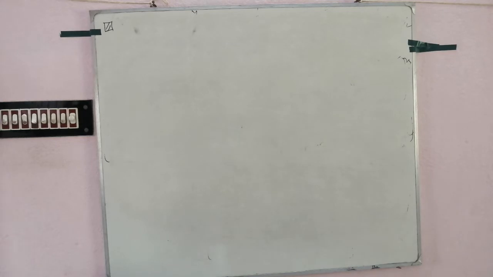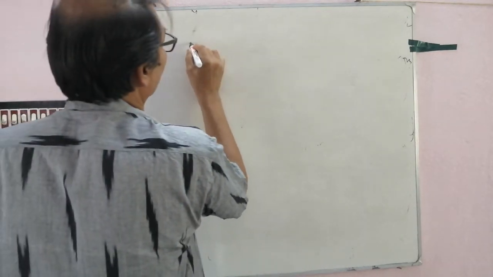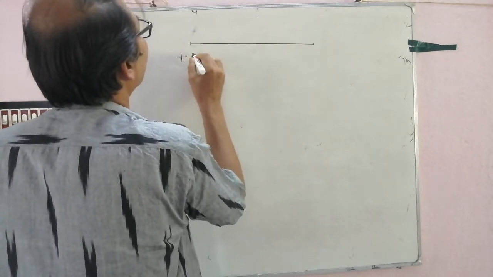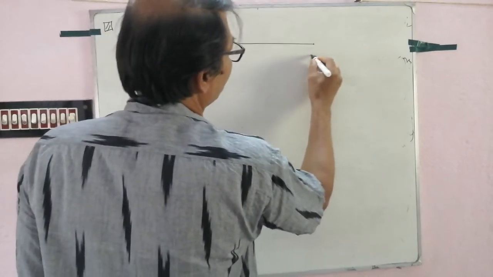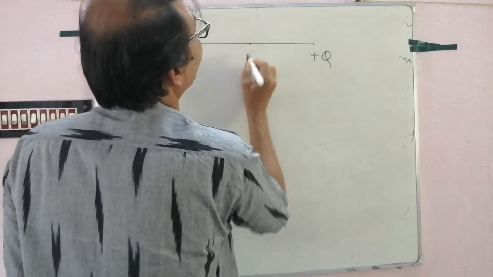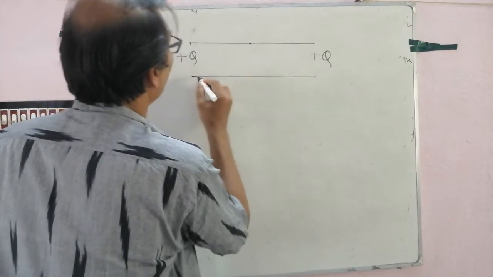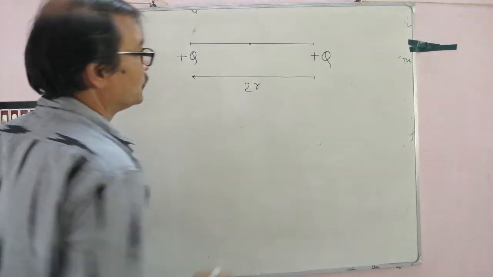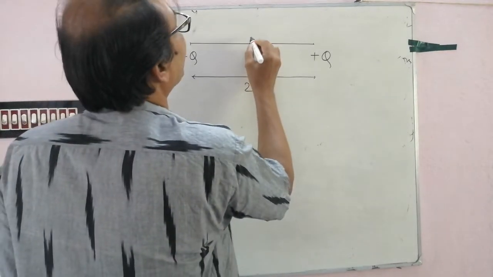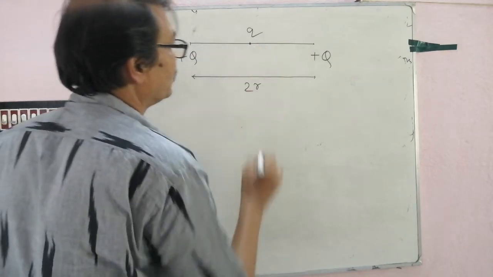Now next item. This is plus q, this is plus q, and this is another point, the midpoint. Suppose this distance is 2r, this distance is 2r, and here a charge q is placed.